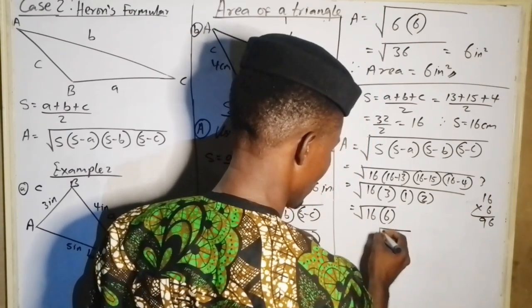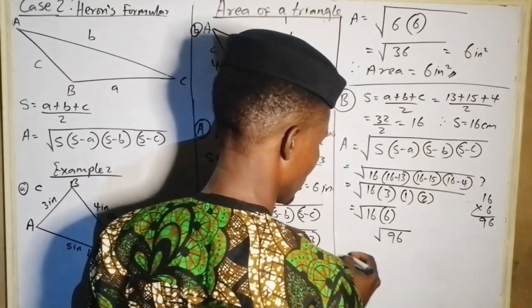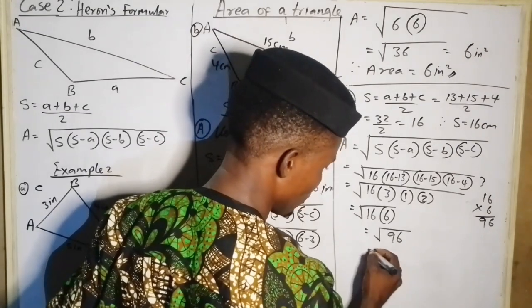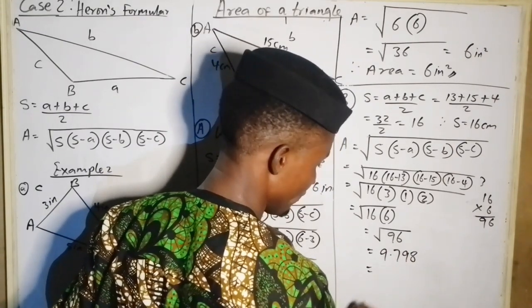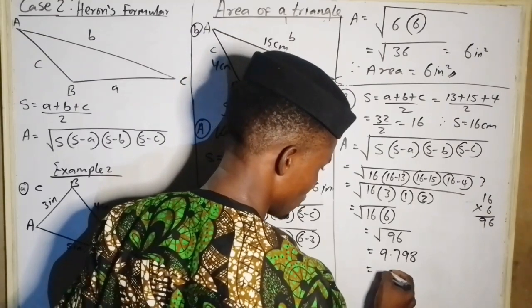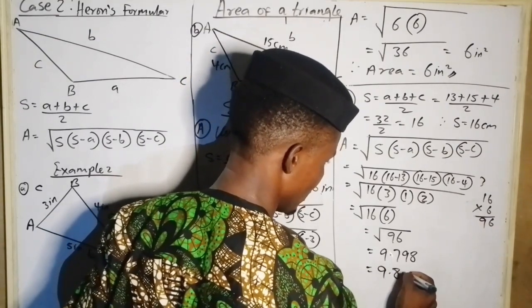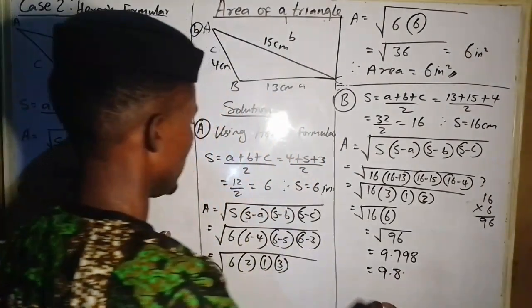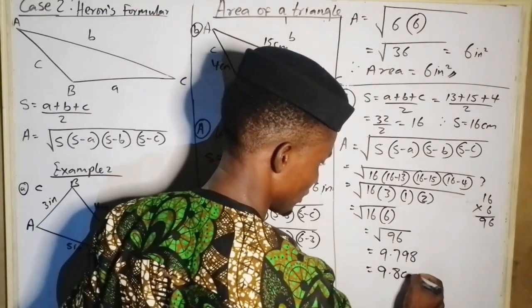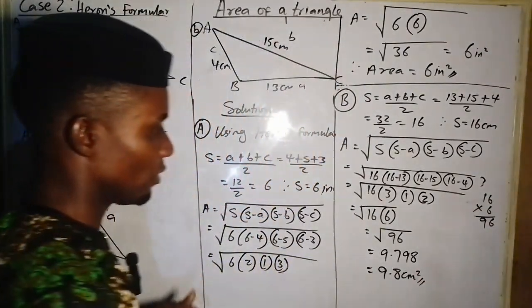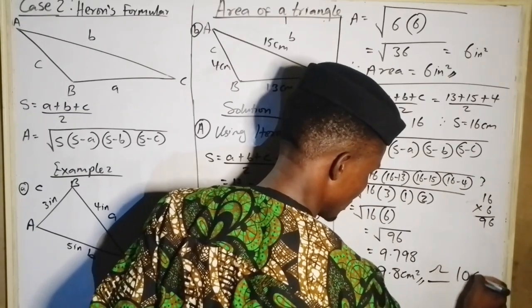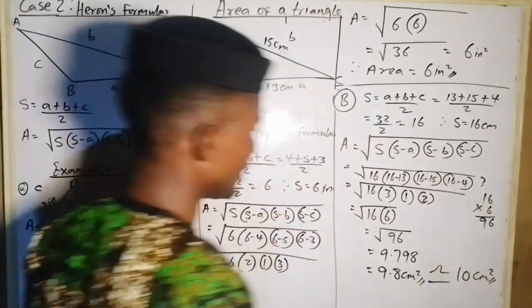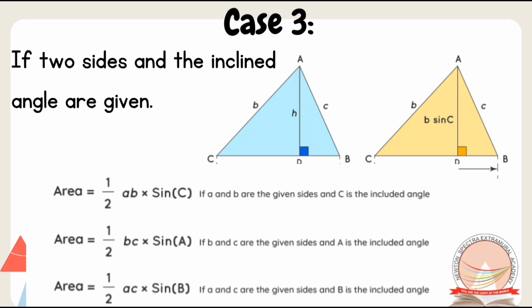So this is going to give us 96. Square root of 96 is going to be 9.798. We can leave it in 2 decimal places or 1 decimal place to be 9.8. What's the unit given? 9.8 centimeter square, approximately 10 centimeter square. That is the area of this shape given here.